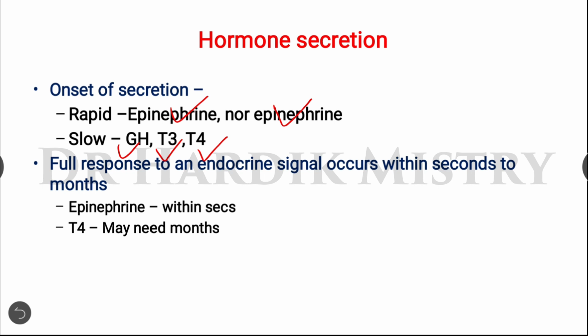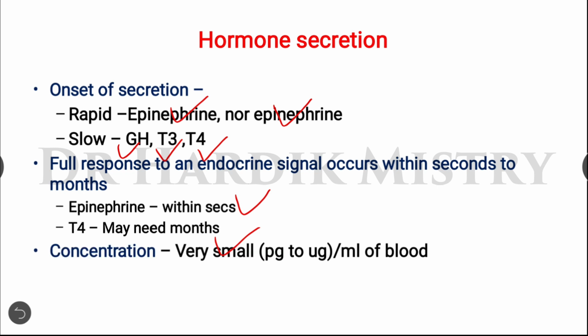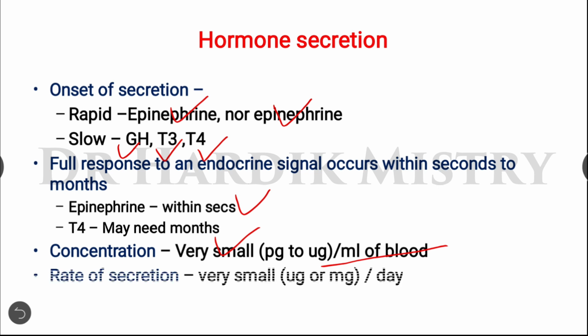For example, epinephrine acts within seconds, and T4 thyroid hormone may need months for full action development. Concentration is very small, picogram to microgram per ml of blood. Rate of secretion is very small, microgram or milligram per day.